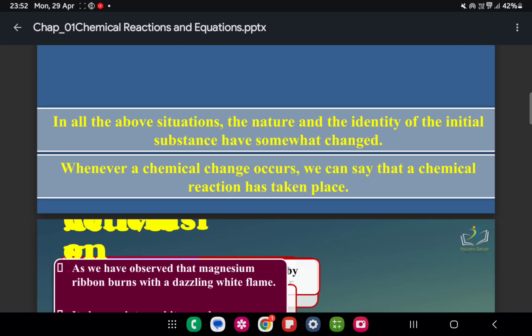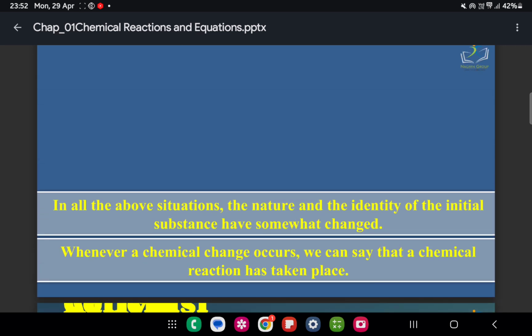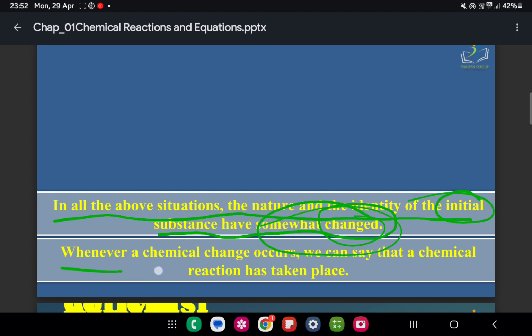Finally, in all the above situations, the nature and the identity of the initial substance have changed. Initially it is one type and finally it is another type, and whenever a chemical change occurs, we can say that a chemical reaction has taken place.